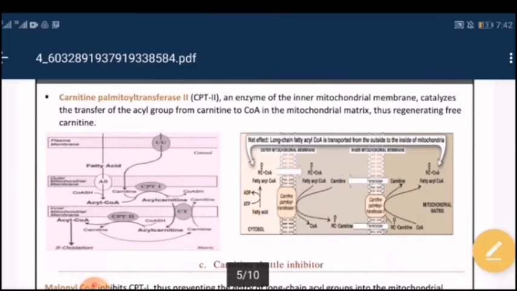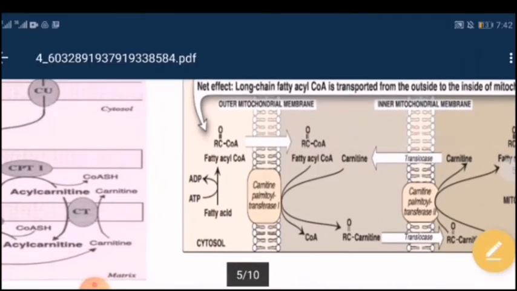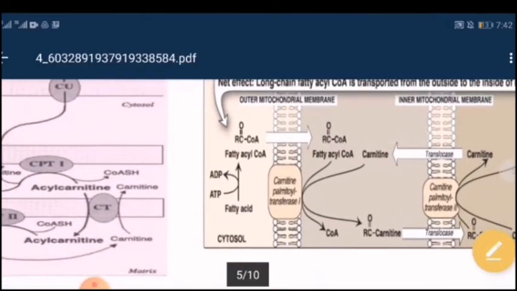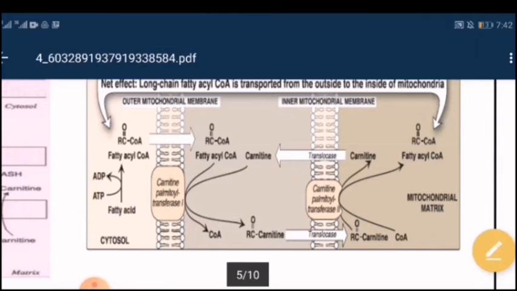Now carnitine palmitoyltransferase 2, or CPT2 or CAT2, is going to work. This is an inner mitochondrial membrane enzyme. Its function is to return everything back to normal, so this content must be equal to this.